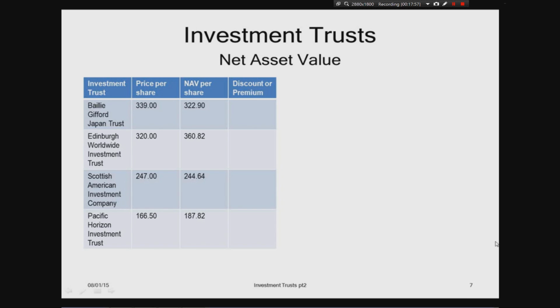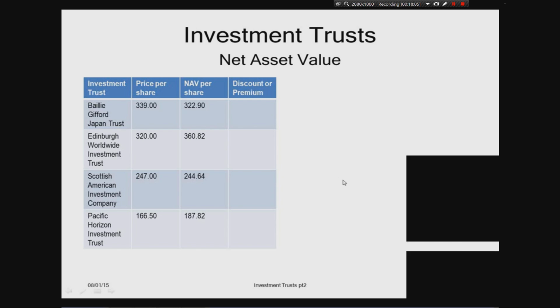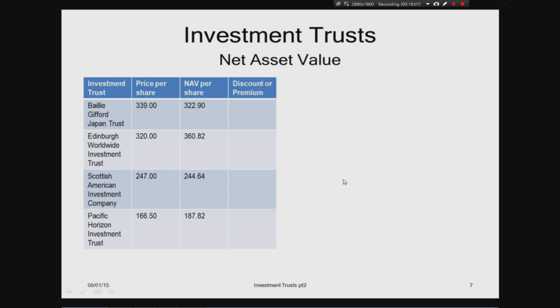Pacific Horizon, you've got a slightly different figure to that, so we'll see. Could be me that's wrong, I'm not infallible. Let me put up the answers. I think you've got the general idea of how to work this out.